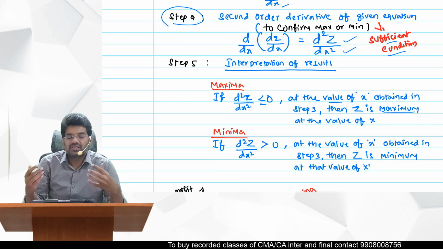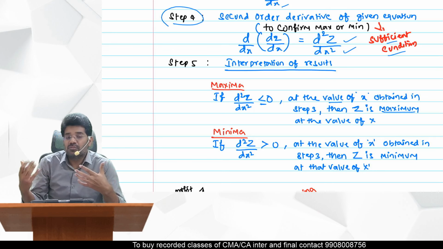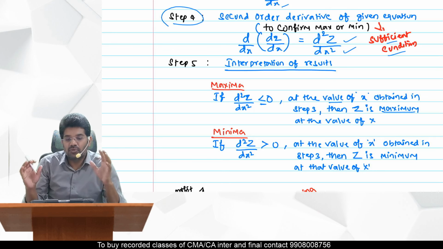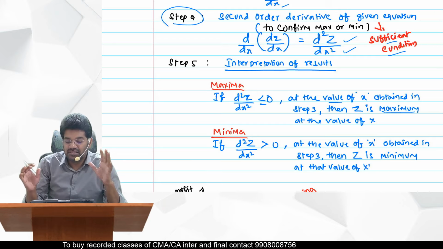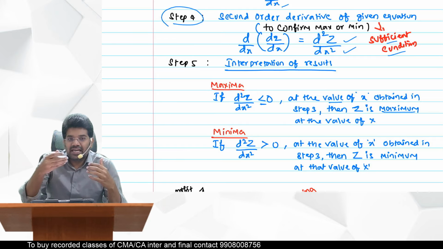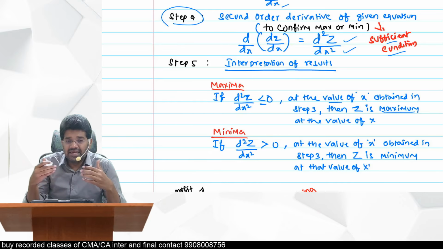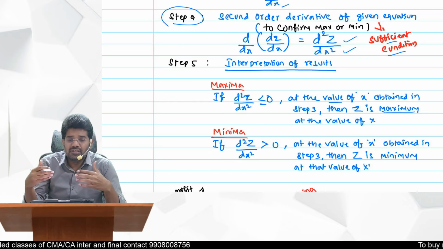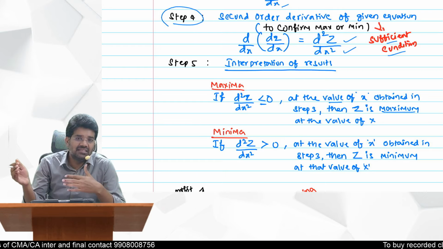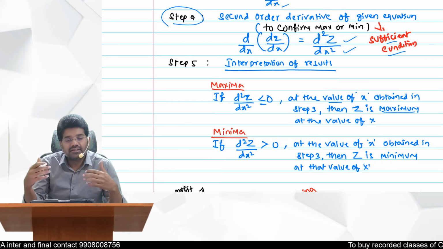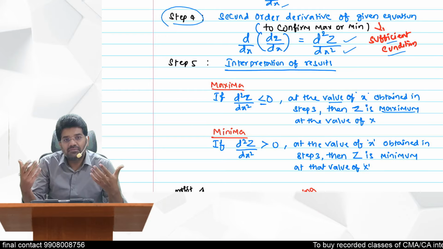That means maximization of profit is achieved at that particular point. The condition to be met is that your second time derivative value must be less than 0 to say that we have achieved the maximum point.